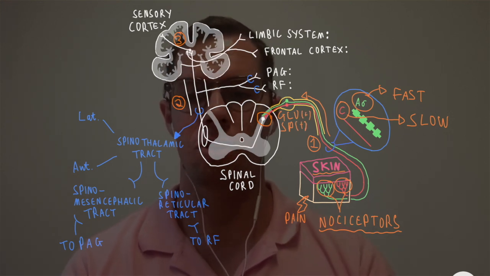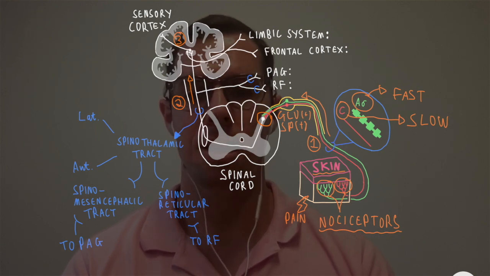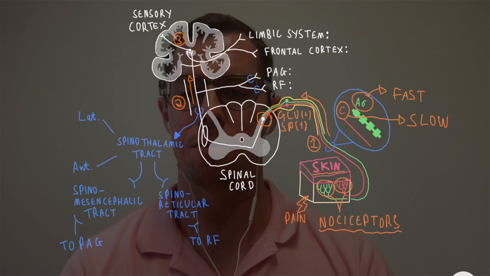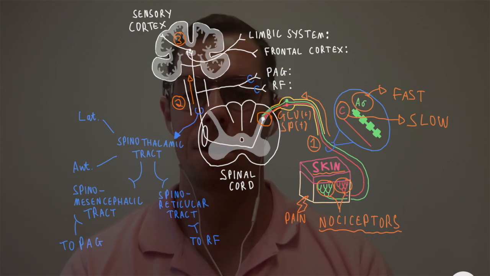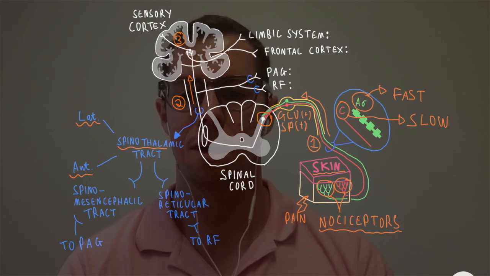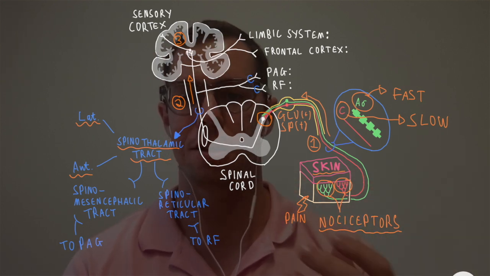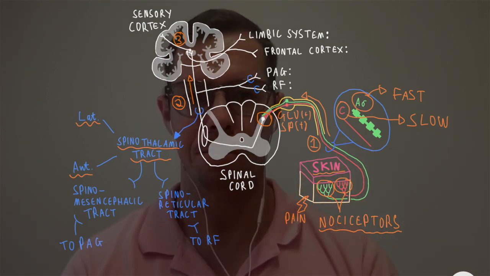Second order neurons travel up the spinal cord towards the brain and brainstem, where they eventually reach the thalamus. Anatomically, the axons of second order neurons form the anterolateral system, which comprises the anterior and lateral spinothalamic tracts. The naming of these tracts makes sense as they originate in the spinal cord and terminate in the thalamus, hence spinothalamic.